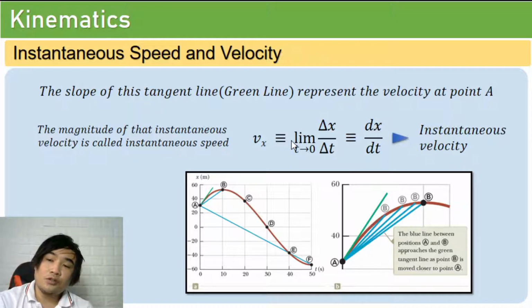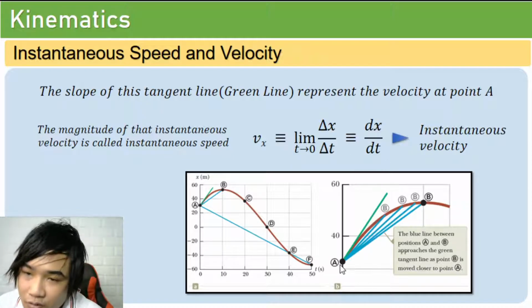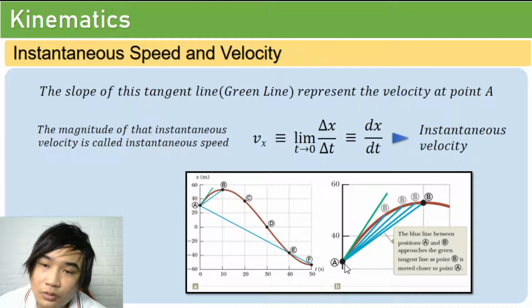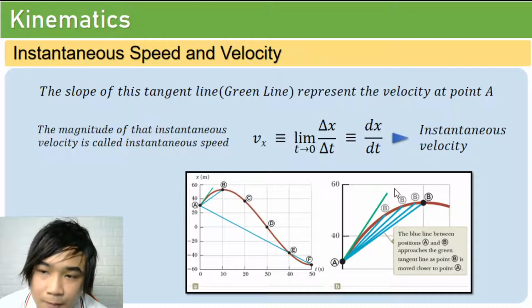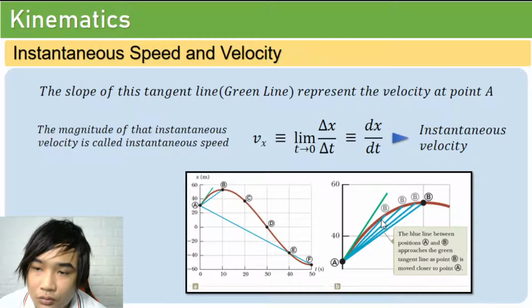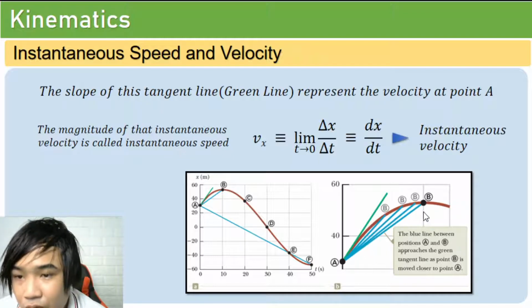Then, yung instantaneous velocity naman. Example dito yung green line naman yan. Makikita nyo? Yung instantaneous velocity, yan yung tangent line nung slope.